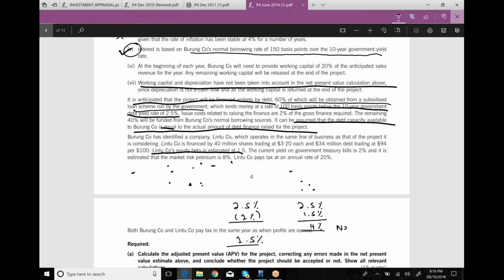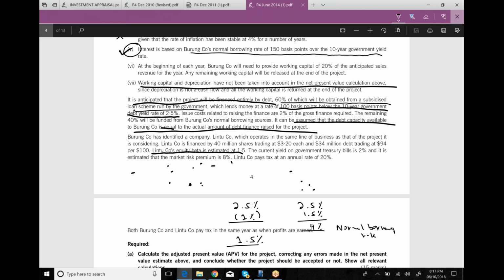This is the normal borrowing rate. So just note this down somewhere in your notebook, otherwise you will be confused how we got this 4% or how we got this 1.5%. So the normal borrowing rate of Burung company is 4%, and the government has given you the loan at 1.5% interest.